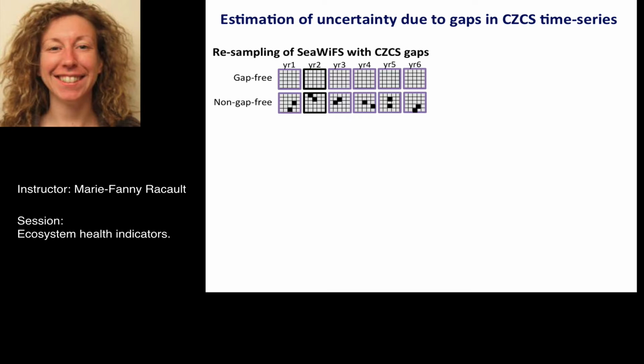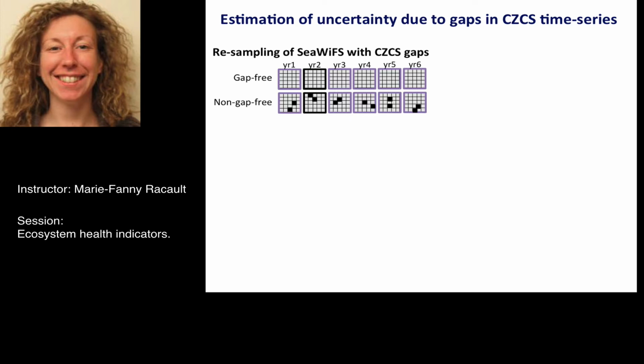Okay. So I've mentioned a few times missing data in ocean color time series. Missing data at higher latitude would be due to a high solar zenith angle. In some regions, for example the Arabian Sea and other regions of the ocean, you would get a lot of storms or very, very high temperatures, and you would also get a lot of missing data, so you get gaps in the time series.